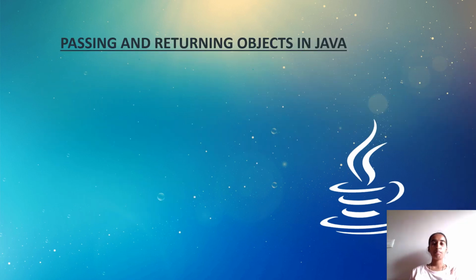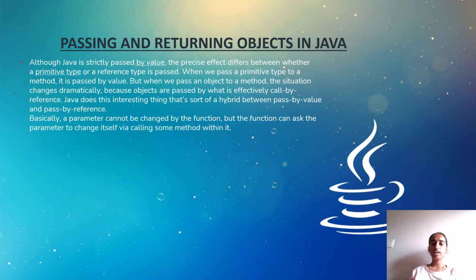Let us move on with passing and returning objects in Java. Although Java is strictly pass by value, the effects differ depending on whether a primitive data type or a reference type is passed. When we pass a primitive type to a method, it is passed by value. But when we pass an object to a method, the situation changes dramatically because objects are passed by what is effectively called by reference.